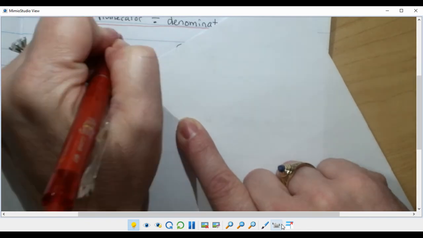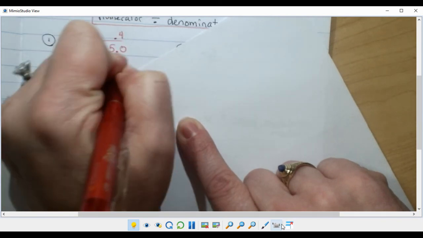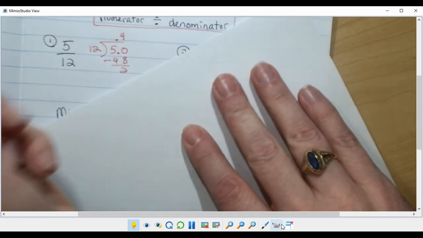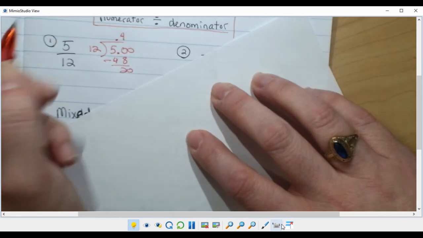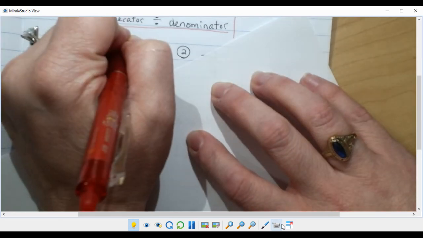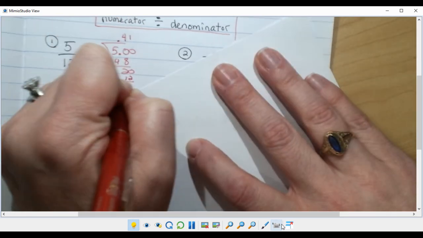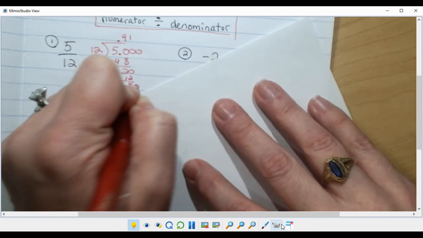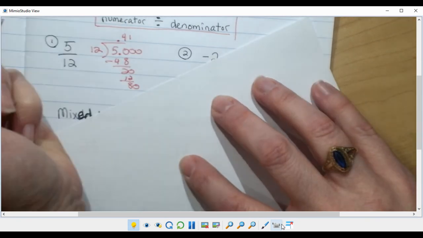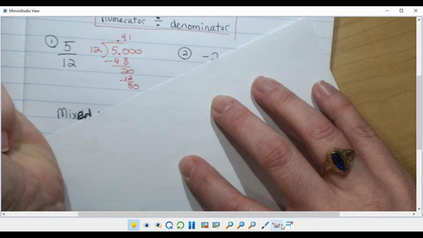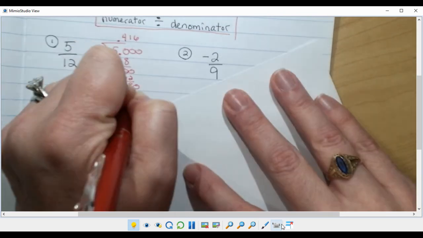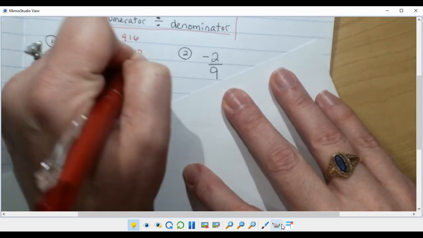50 divided by 12 is going to be 4. 48, 2 left over. I'll bring down the 0. 20 divided by 12 is 1. Bring down the 0. 8 divided by 12. 7 is going to be too much. So let's go for 6. Oh, I got another 8.